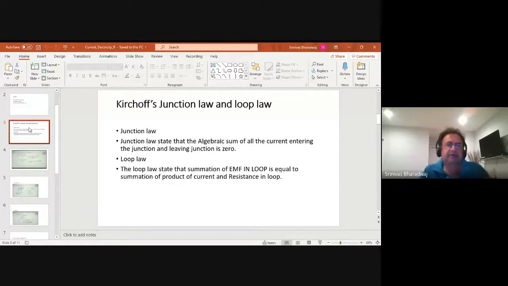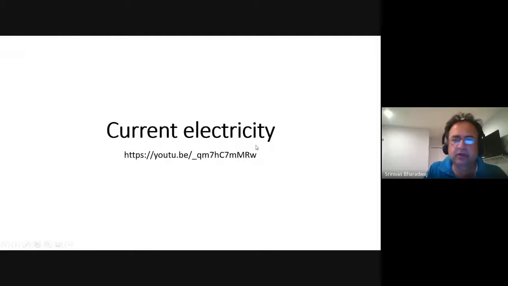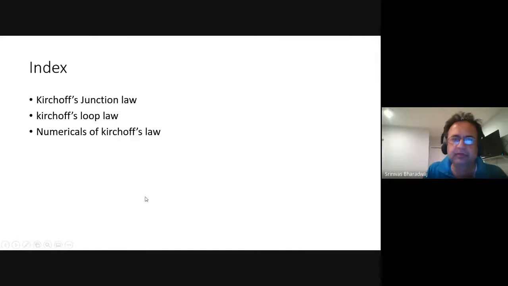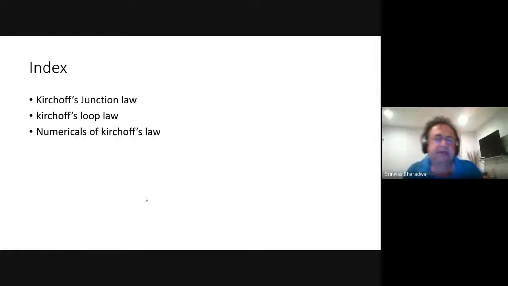They always ask a couple of questions on this material, and there are a lot of intricacies involved, notably when we go into the Wheatstone bridge, etc. Those things I will look at in the next class.